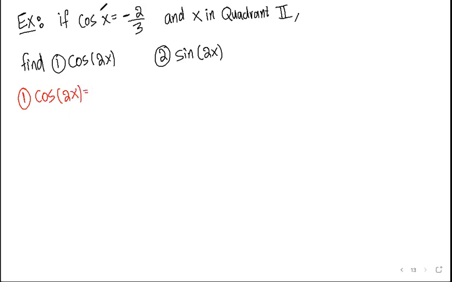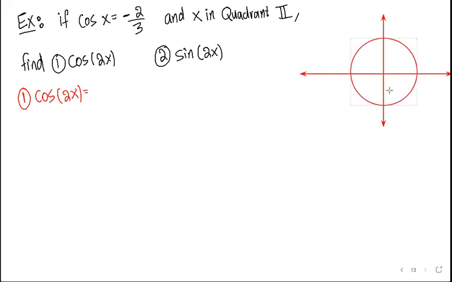So I have cosine is given and x in the second quadrant. So I have to show by the graph. The angle is in the second quadrant, starting from this point up to this.